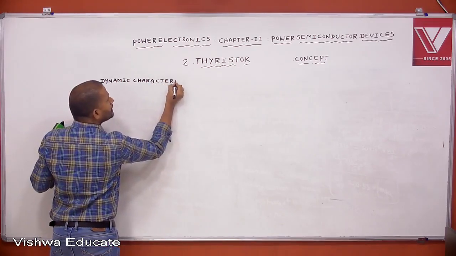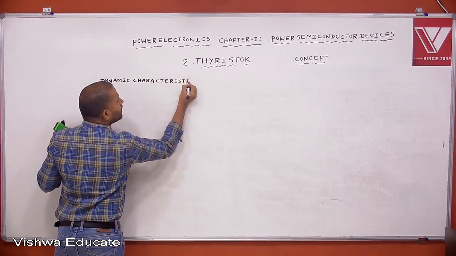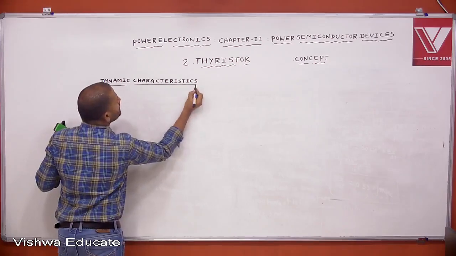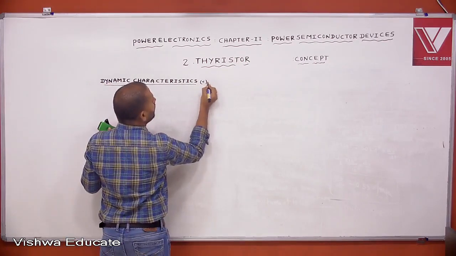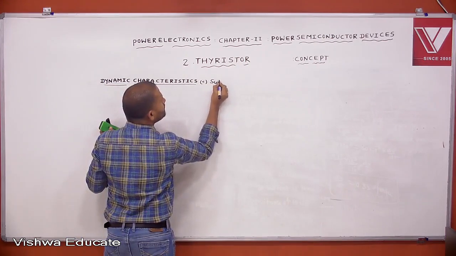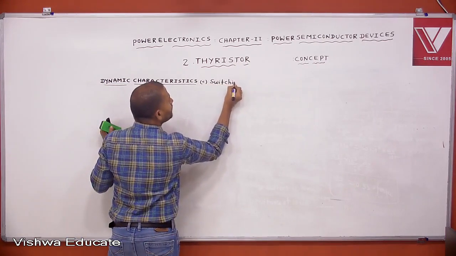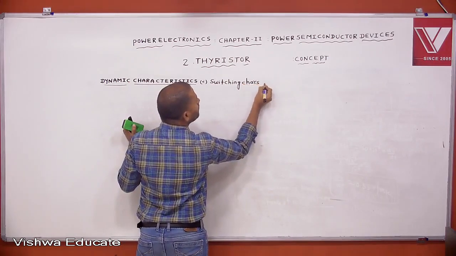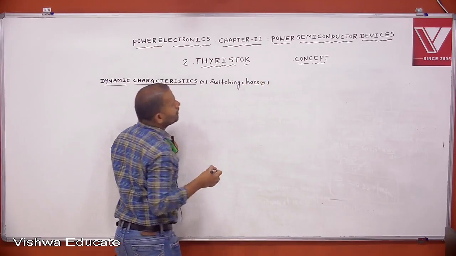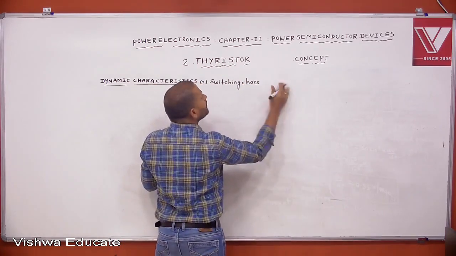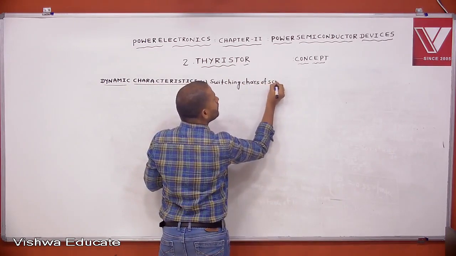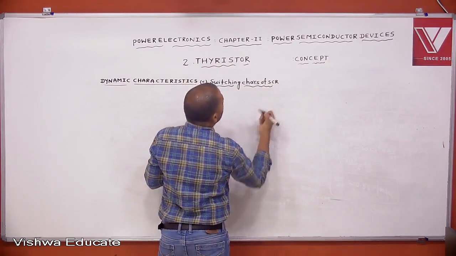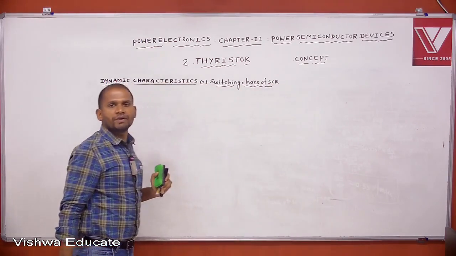Dynamic characteristics are the switching characteristics of SCR. Or this is also called the turn on and turn off mechanism of SCR.